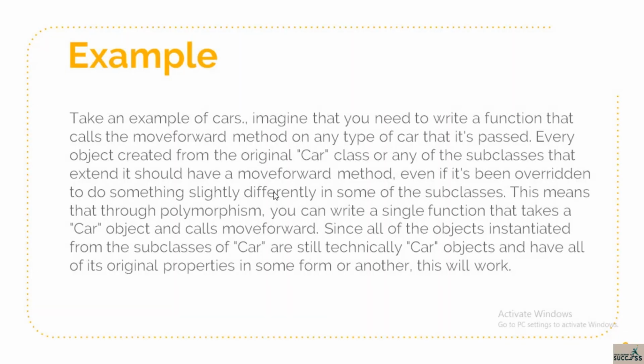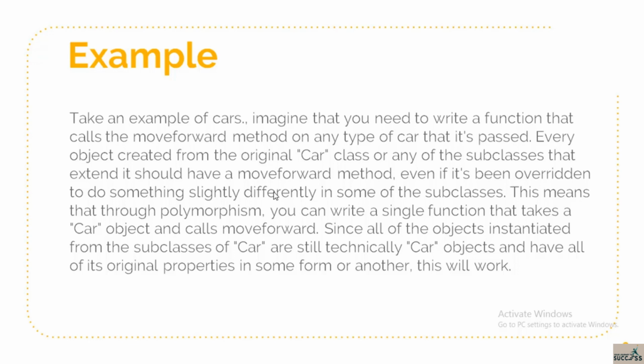So now take an example of cars. Imagine that you need to write a function that calls the move forward method on any type of car that it is passed. Every object created from the original car class or any of the subclasses that extend it should have a move forward method, even if it is being overridden to do something slightly different in some of the subclasses.